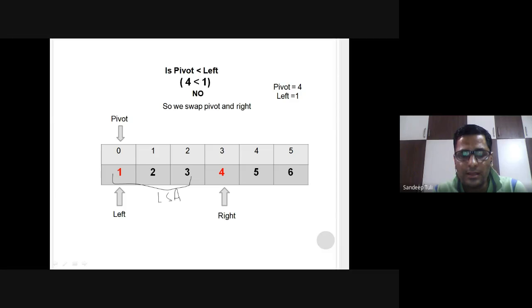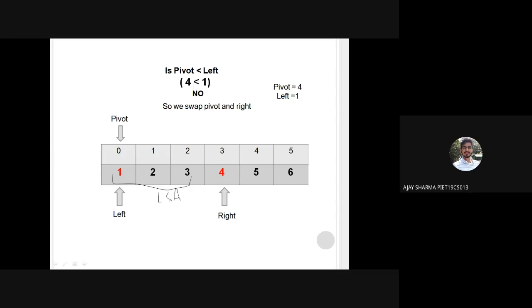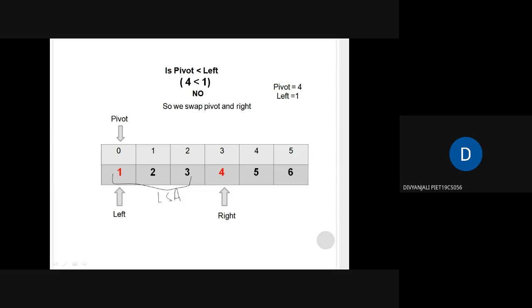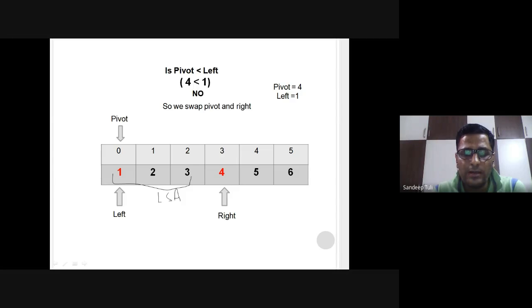And when will this happen? When the pivot element is either at the rightmost position or at the leftmost position. Sir, please repeat: when will we get only one sub array? When the pivot element is at the rightmost position, like in this case. What was the pivot element in our case? 4.